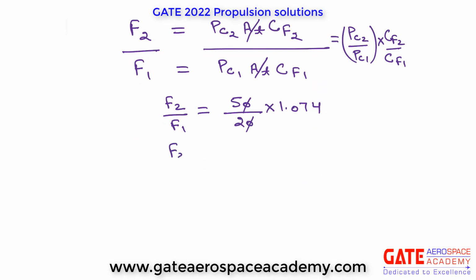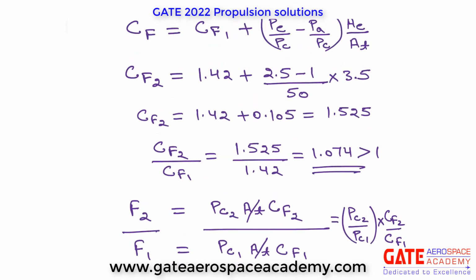So F2 by F1 is equal to 2.5 into 1.074, that is equal to 2.685.